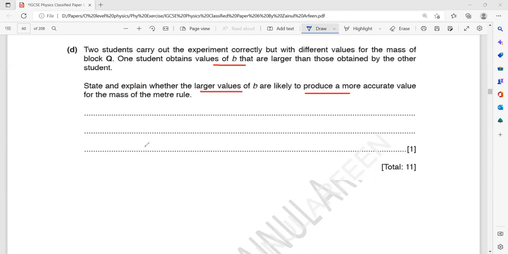For example, if you're measuring 2 centimeter and 20 centimeter using the same meter rule, which one will have a higher percentage uncertainty, where you are more likely to get a wrong result? 2 centimeter or 20 centimeter?